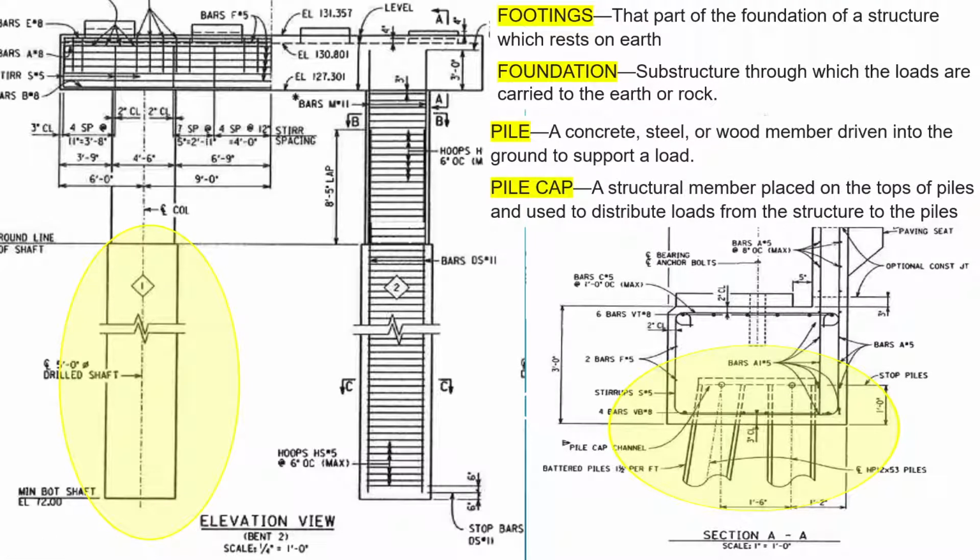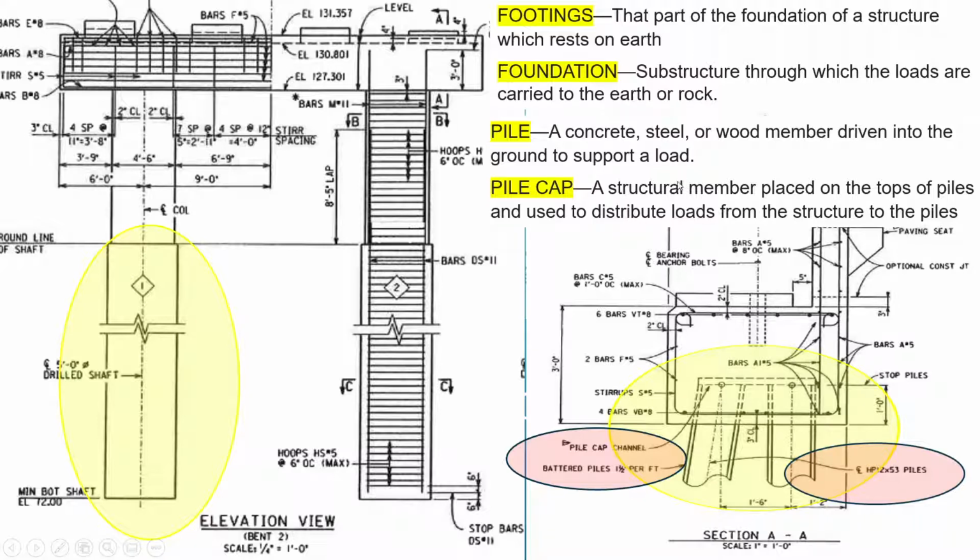You have your piles, concrete, steel, or wood members driven into the ground to support a load. In this example, this abutment shows that you have two piles. The back pile is driven straight down, and the front pile is driven at a slope of 1.5 inch per foot.